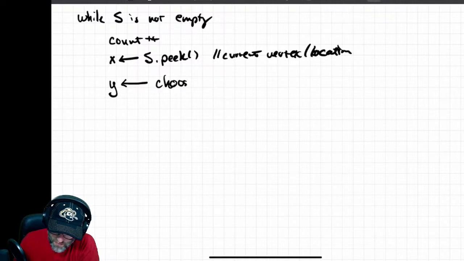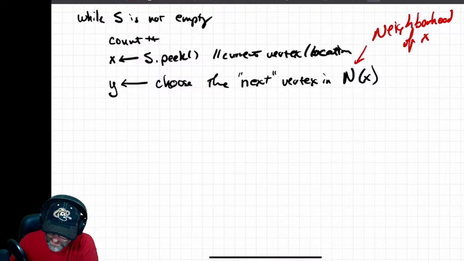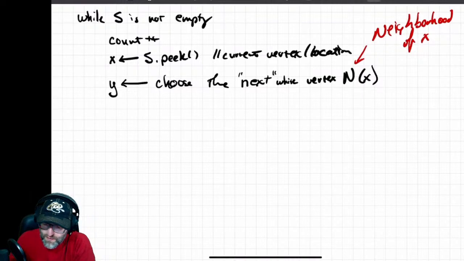Choose the next vertex in N sub x. And remember, annotation here, this is the neighborhood of x, right? And I'm going to have to choose the next white vertex in the neighborhood, right?